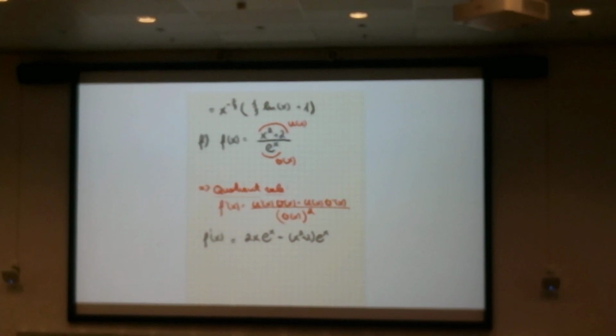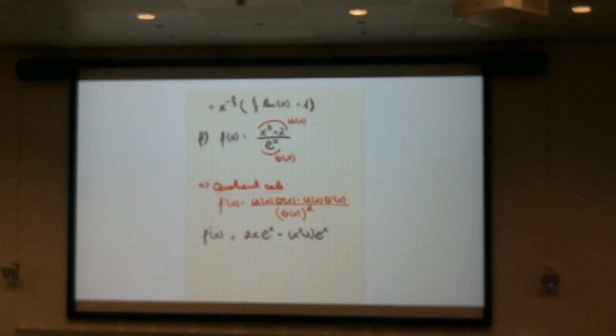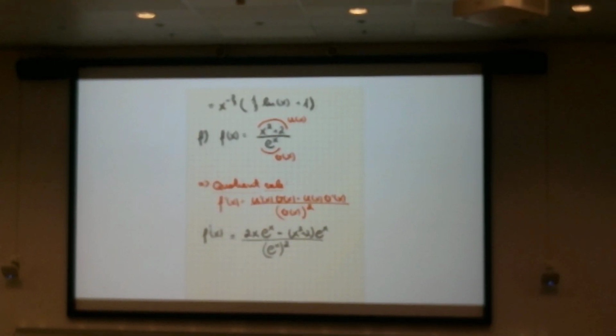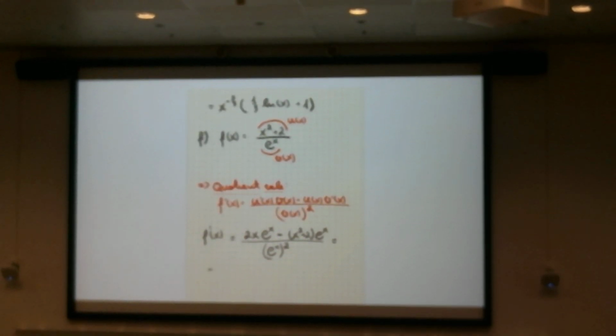And then what we do, we simply divide by e to the x squared. Okay, so we are basically done.